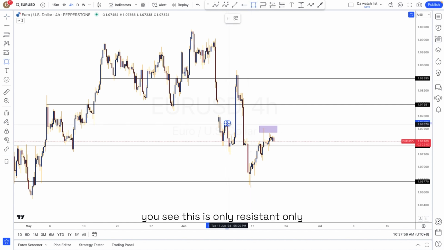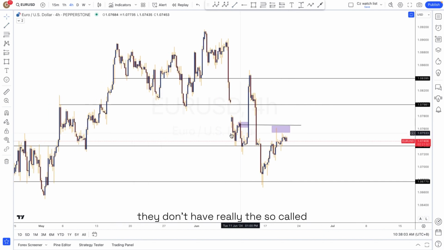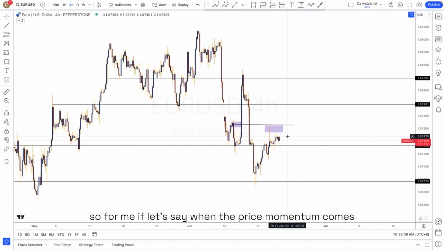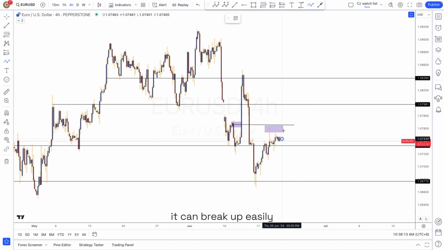You see, this is resistance only. This is resistance only. They don't really have the so-called support in this area to support it. So for me, when the price momentum comes, it can break up easily to the next resistance.